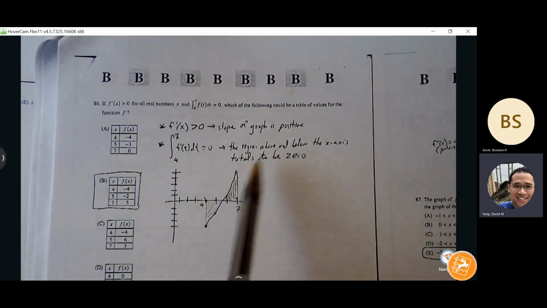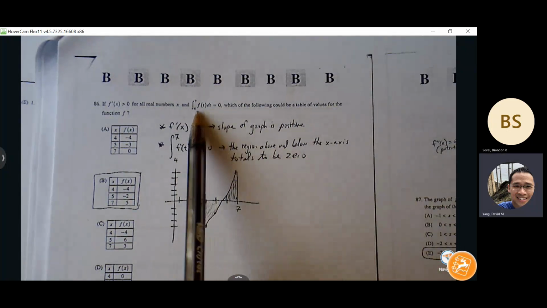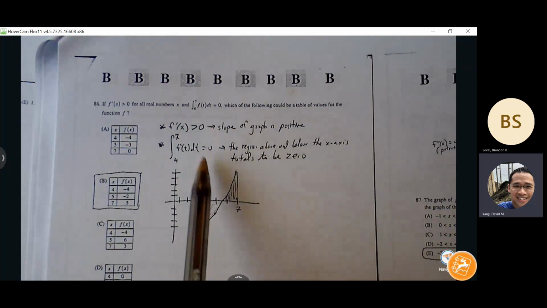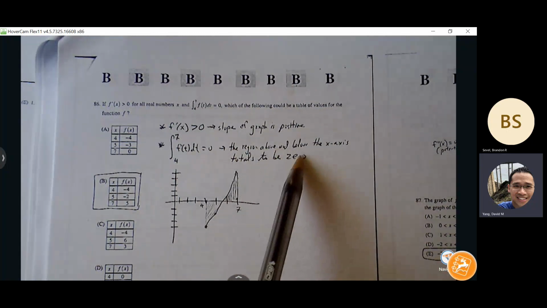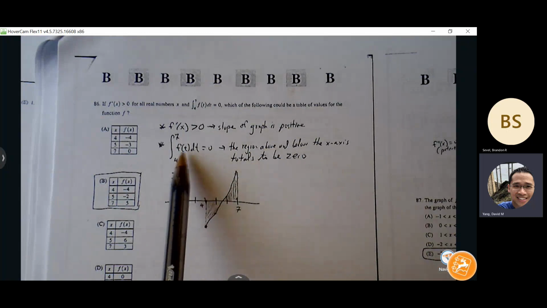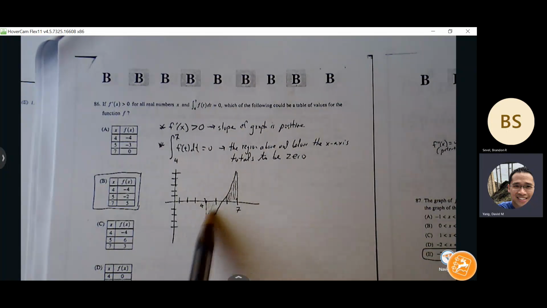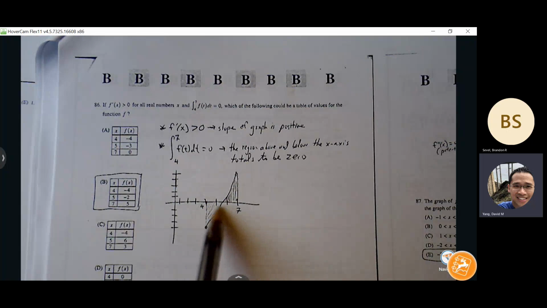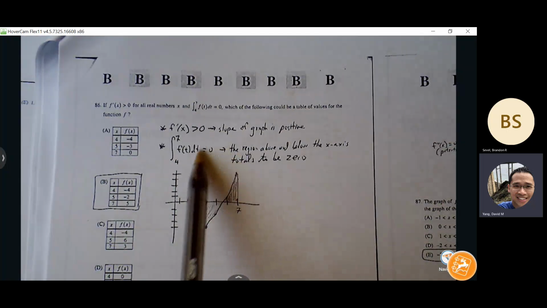That means the graph is always rising. And then the integral from 4 to 7 is equal to 0. So that means there must be regions above and below the x-axis in order for this total to be 0, right? That means the area beneath the x-axis and the area above the x-axis must be equal. Otherwise, that's the only way we can get 0.